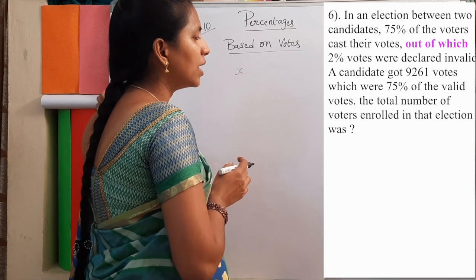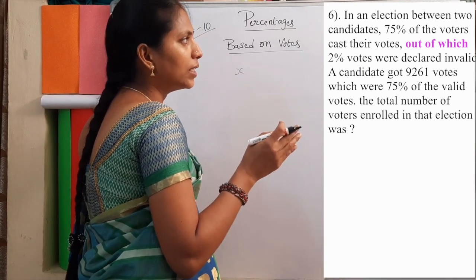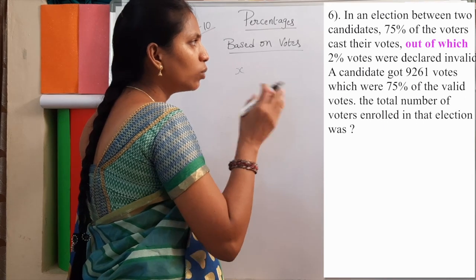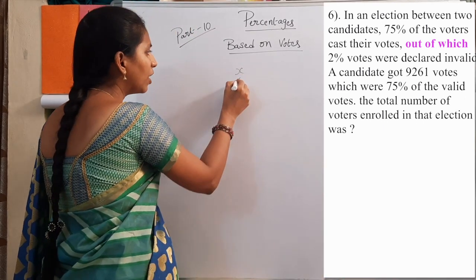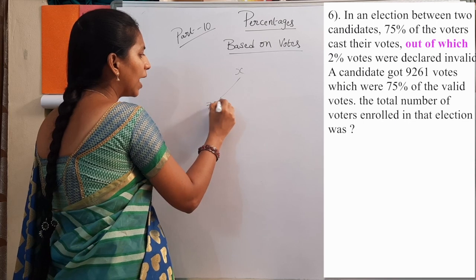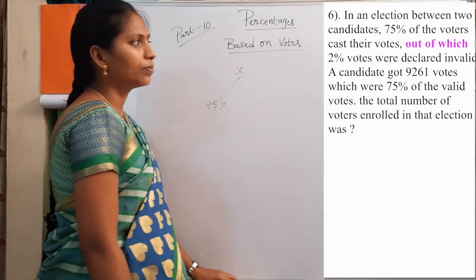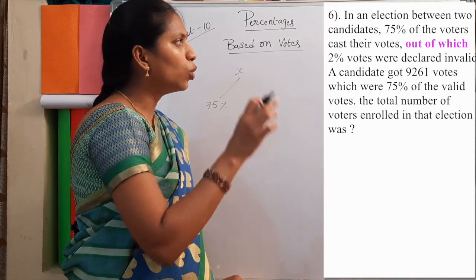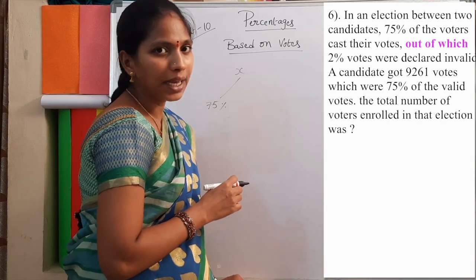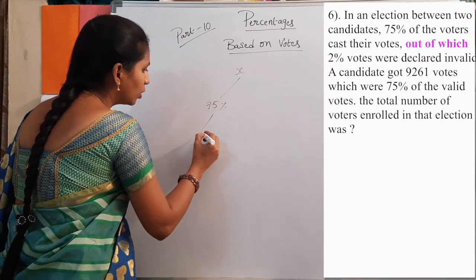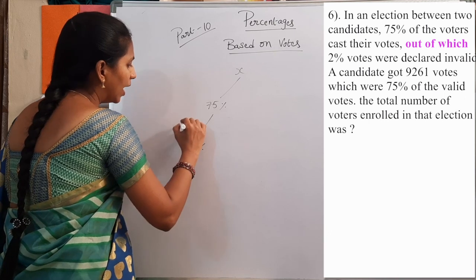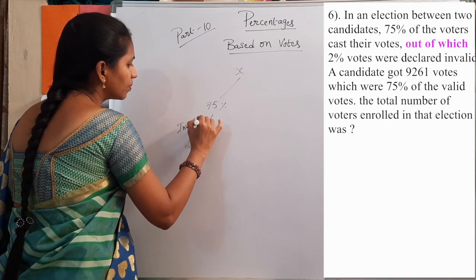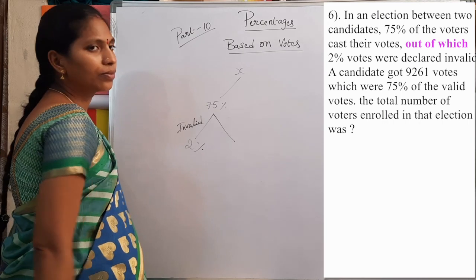Now see, 75% of the voters cast their votes: 75% of this X. Out of which 2% are declared invalid. Out of which 2% are invalid votes.